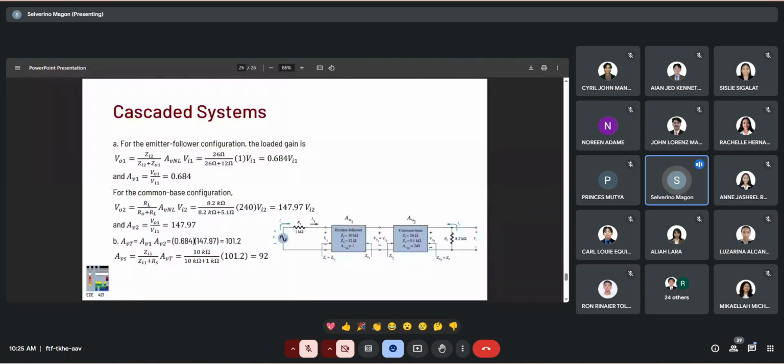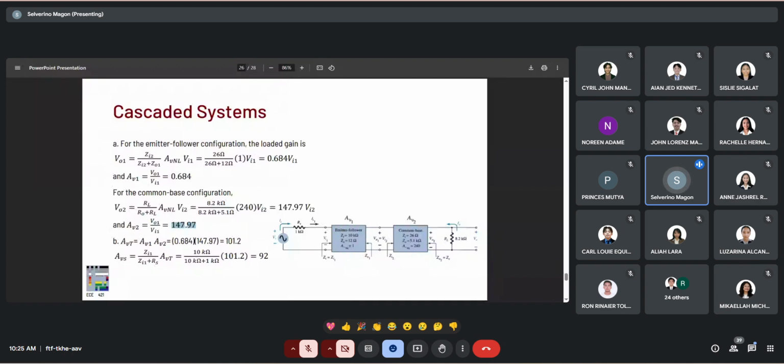For the common base configuration, VO2 here is equal to the no load voltage gain of the second section times the voltage divider network RL and RO, the internal resistance. We just skip to the values: AV2 is at 147. So relatively higher for the common base.